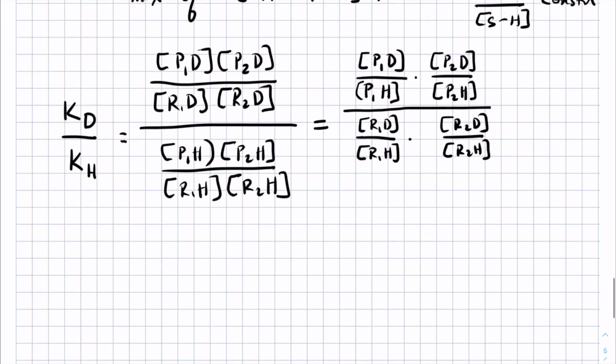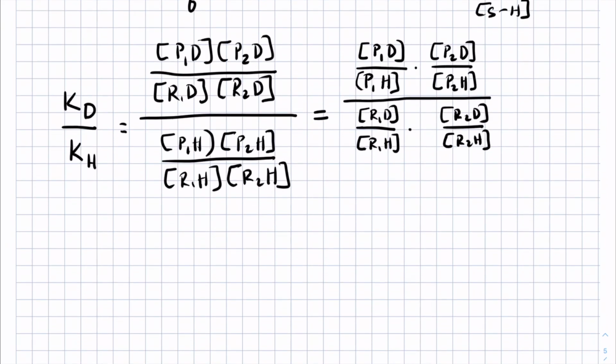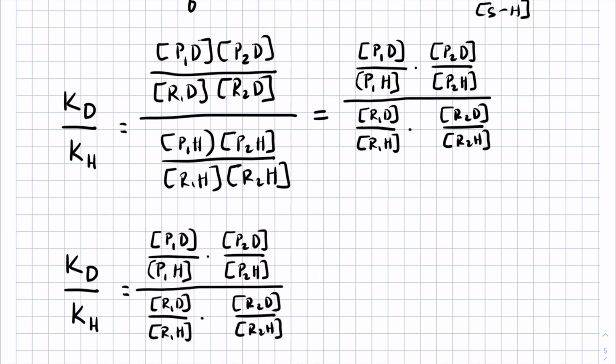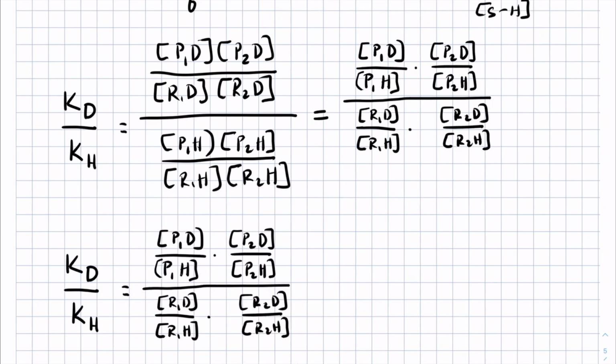All right. Now, with that rearrangement in place, we're actually going to do something that at first is going to seem unusual. We're going to multiply this fraction, this ratio, by the concentration of protiated solvent divided by the concentration of deuterated solvent.